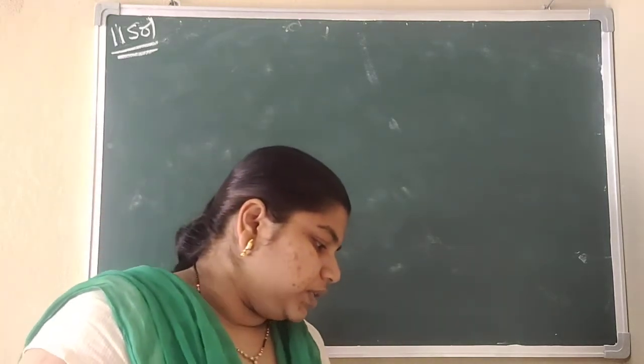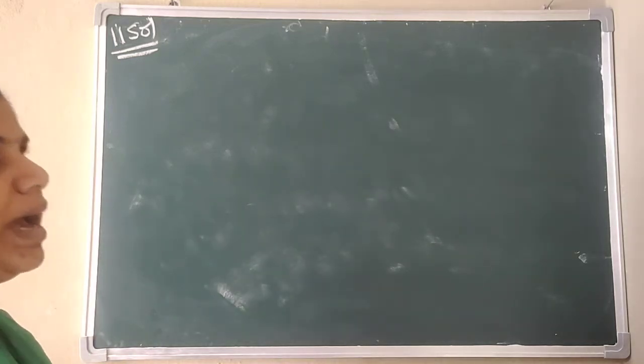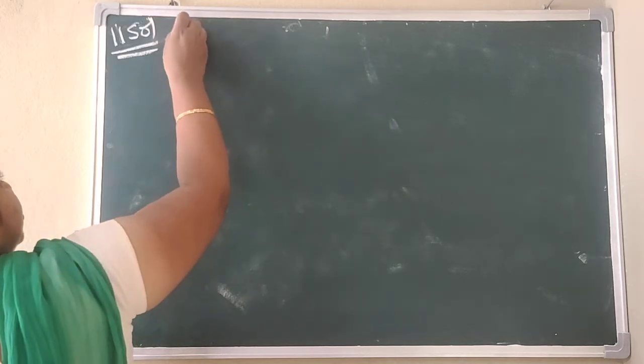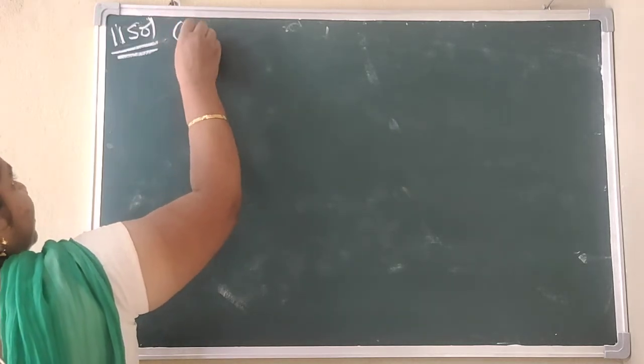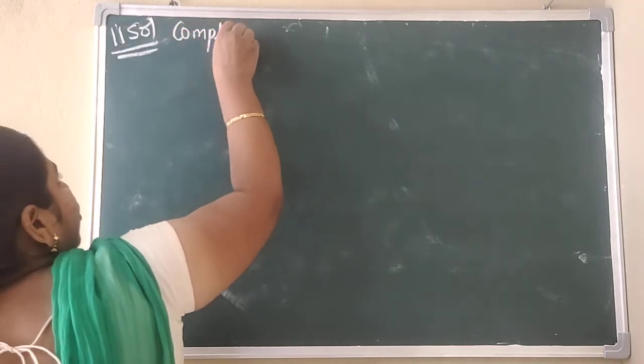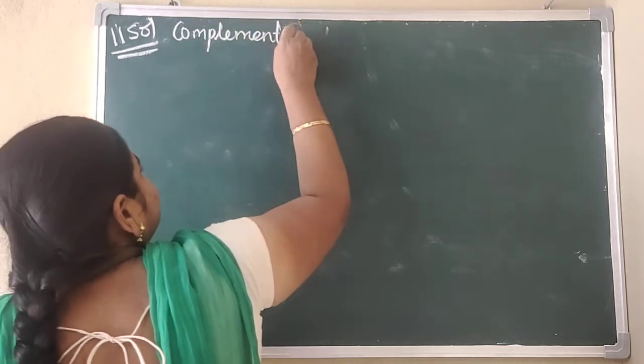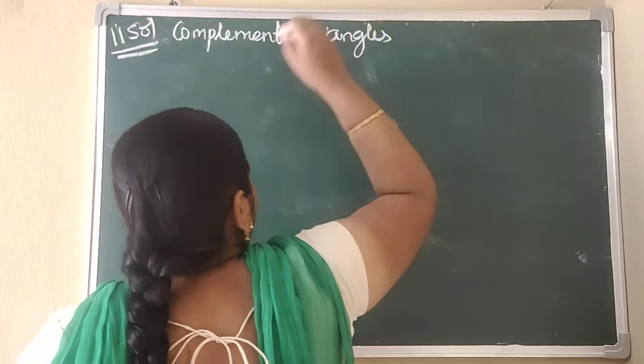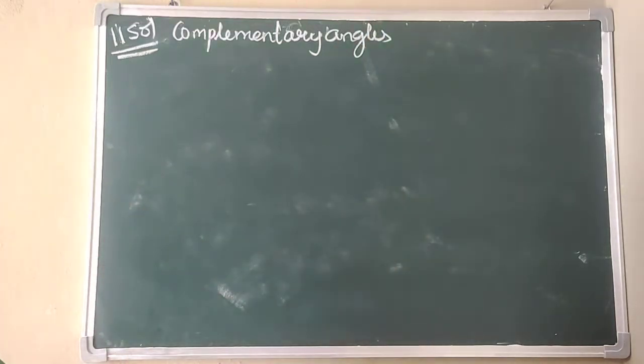So here the sum of two angles is equal to 90. Complementary angles means if you are adding any two angles, that will be equal to 90 degrees.